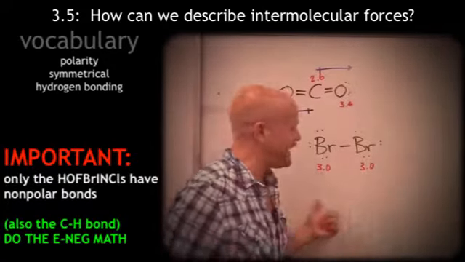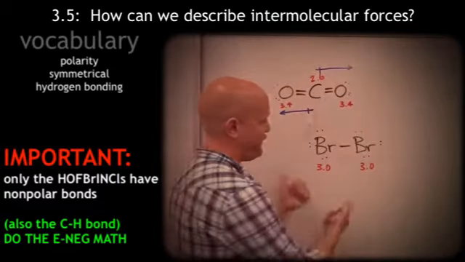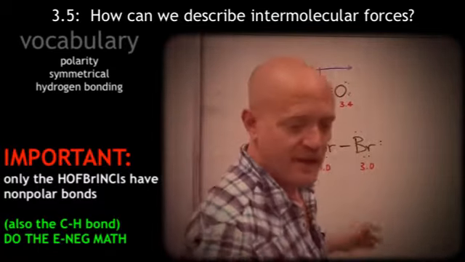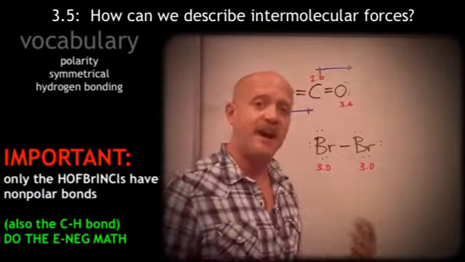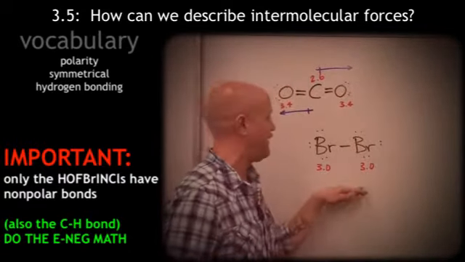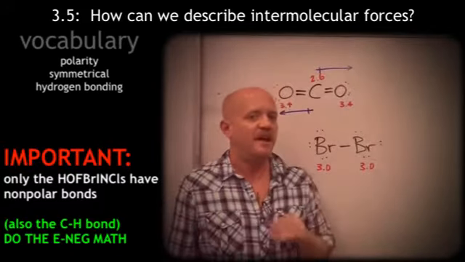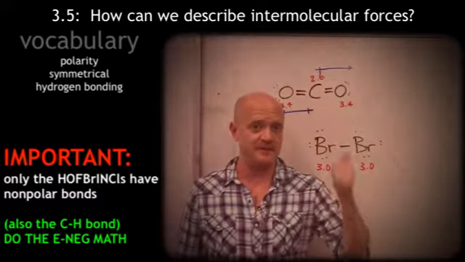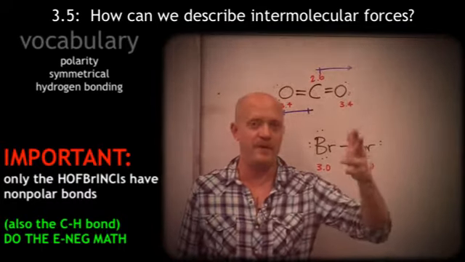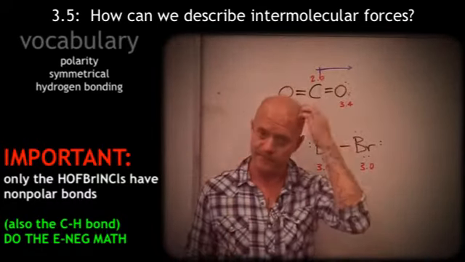So neither one of these atoms is going to be pulling the electrons in any one direction. So this is considered a non-polar bond, and because it has non-polar bonds, it's a non-polar molecule. In fact, the only elements that have non-polar bonds are the Hofbrinkels: hydrogen, oxygen, fluorine, bromine, iodine, nitrogen, and chlorine.